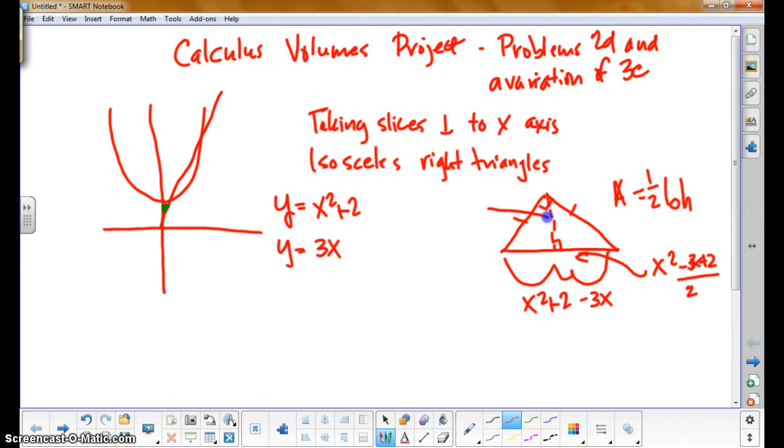And therefore, if the whole thing is an isosceles right triangle, then this is also an isosceles right triangle, so that's a 45-degree angle. So the height is also x squared minus 3x plus 2, all over 2.